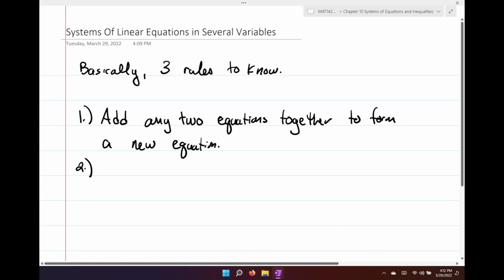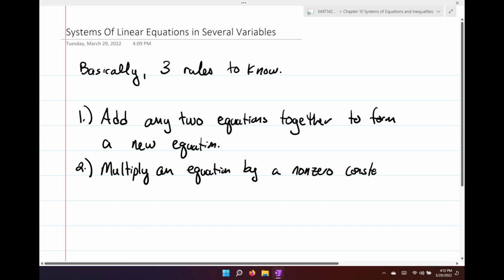The second thing, you're allowed to multiply an equation by a non-zero constant. All right. And then the third, you can interchange any equations that you want.